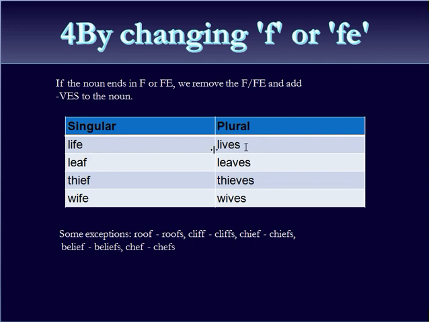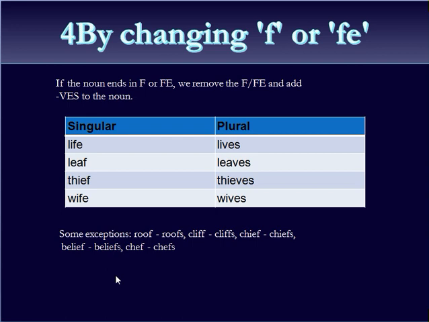Life, lives, leaf, leaves, thief, thieves, and wife will become wives. There are some exceptions to remember, and these are roof. Roof will become roofs. We will add an S at the end. Cliff, cliffs. Chief, chiefs. Belief, beliefs. Chef, chefs.